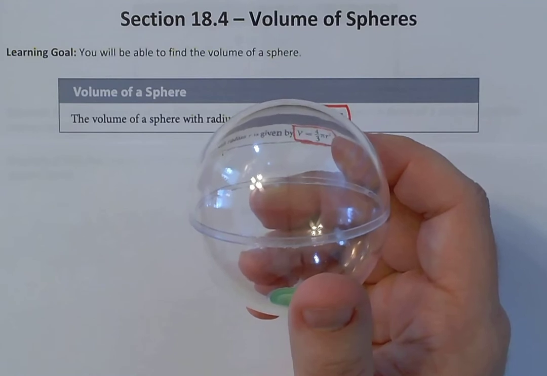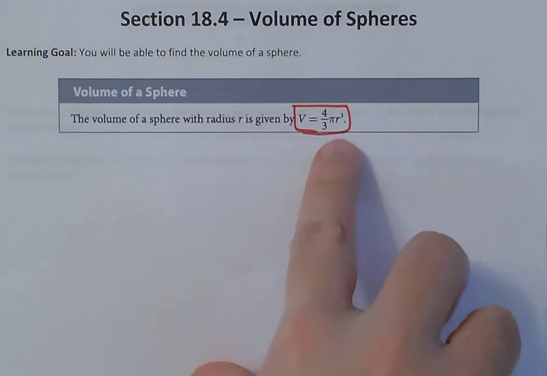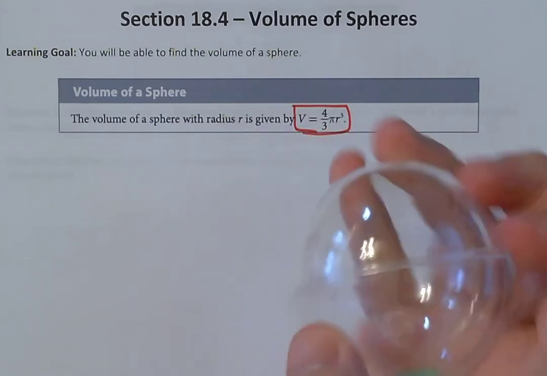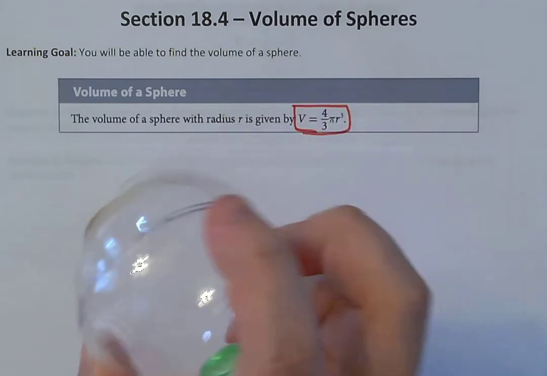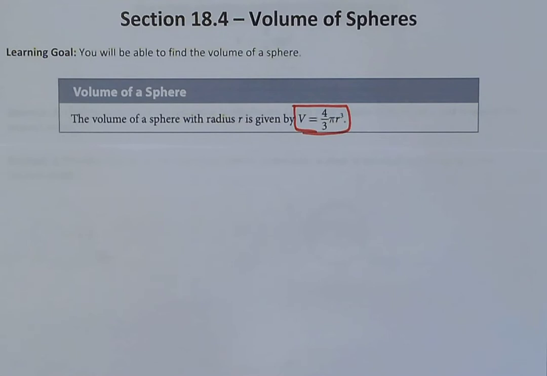If they tell us the radius, then we just need to plug that in for r. If they tell us the diameter of the sphere, we just have to take that diameter, divide it by 2, and then we can figure out the radius, which will allow us to figure out the volume of that sphere. So all we need to know today is the radius, plug that into the formula, and calculate from there.